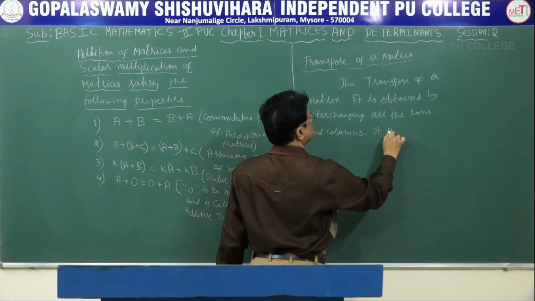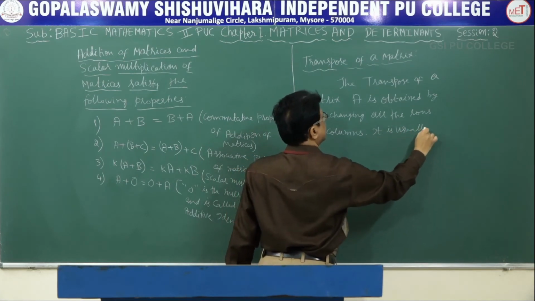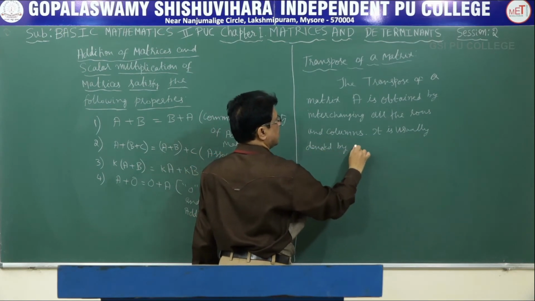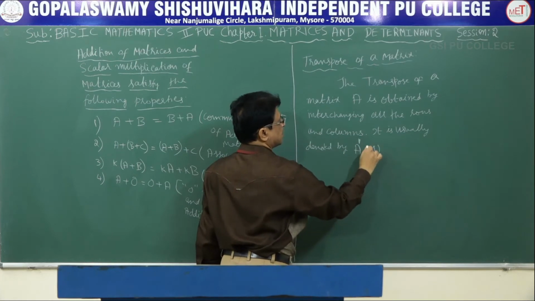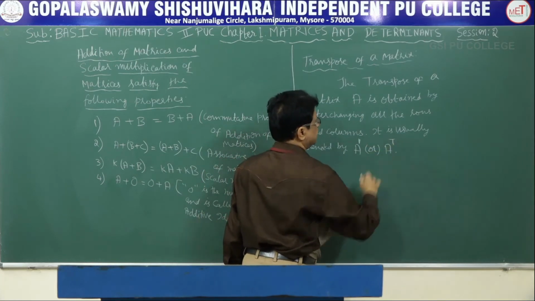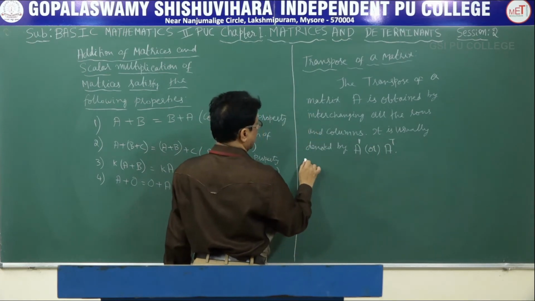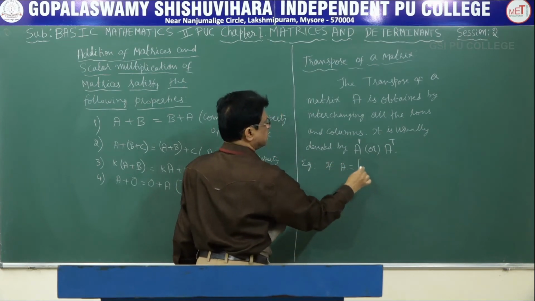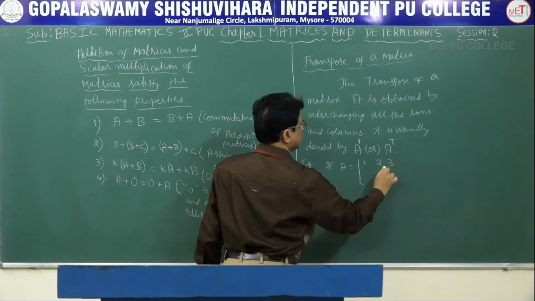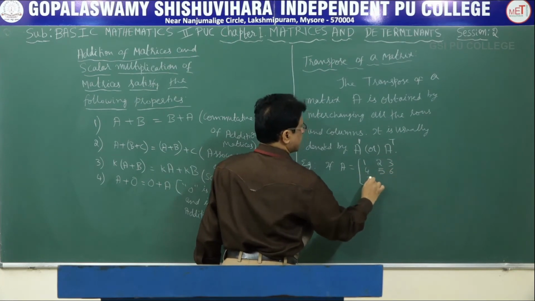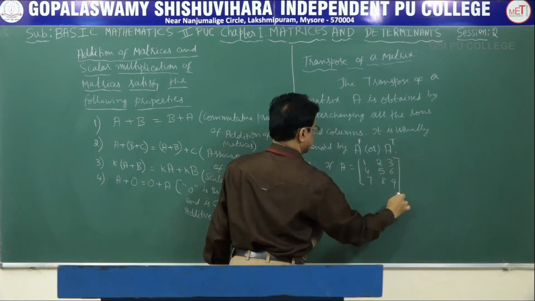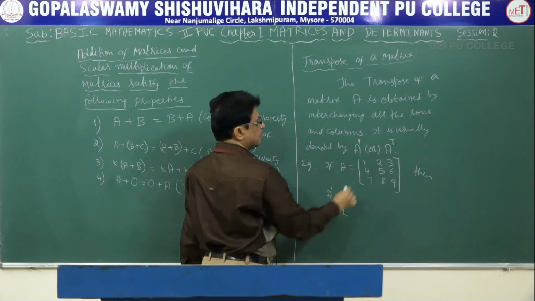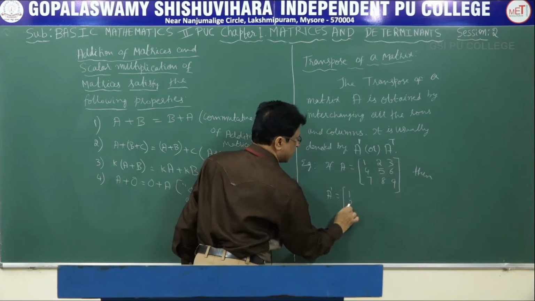It is usually denoted by A dash or A power T. Example, if A equals 1, 2, 3, 4, 5, 6, 7, 8, 9, then A dash will be equal to, so the first row should be written in first column.